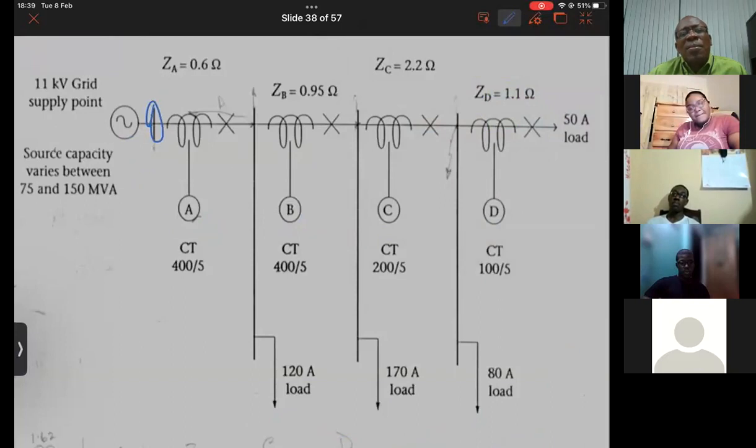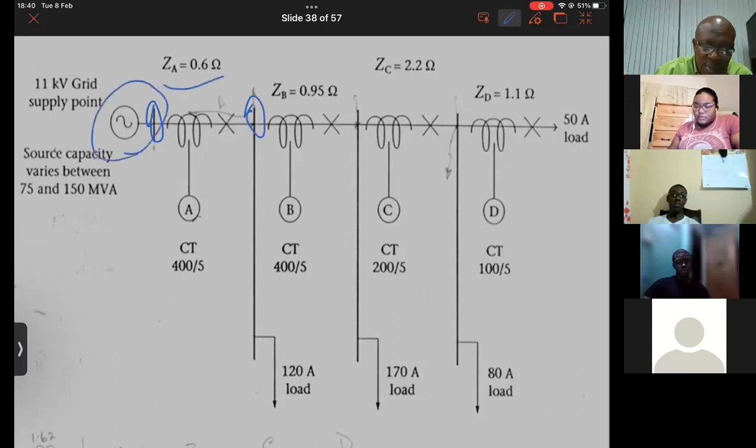Are you with me? So if I now go to relay B, it is on this bus bar. So for relay B, the impedance immediately in front of relay B must be the source plus the line.